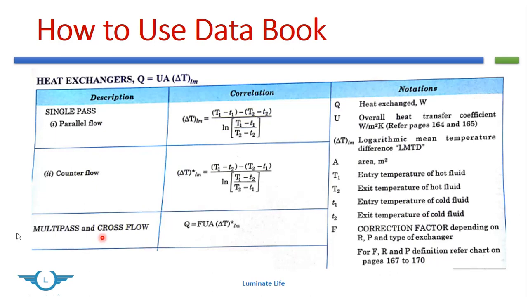Now you can also see the last case which we discussed, which is a multipass and crossflow arrangement. Here the heat transfer Q is nothing but the heat transfer equation for a counterflow multiplied by the shape factor. Now this shape factor F can be found from R and P from pages 167 to 170.